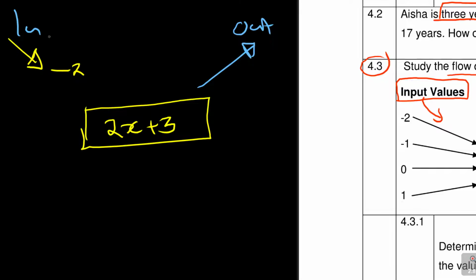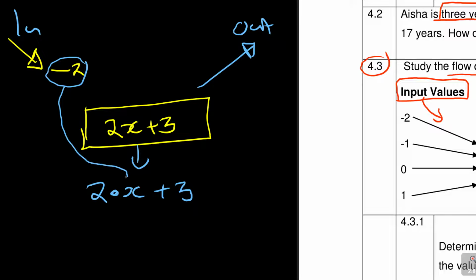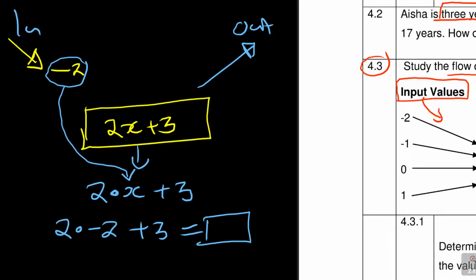This is in. It's simpler. So remember what we said here. 2x, it's 2 times x plus 3. You see, so you take this -2, you come here and put it there. So what will it be? It will be 2 times -2 plus 3, then equal to whatever answer we get here will be our output.